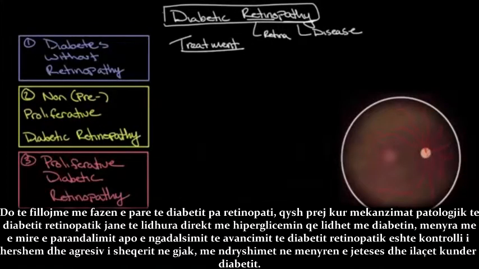So we'll start with the first stage, the diabetes without retinopathy. And since the pathologic mechanism of diabetic retinopathy is directly related to the underlying hyperglycemia associated with diabetes, the best way to prevent or delay the progression of diabetic retinopathy is early and aggressive control of one's blood sugar with lifestyle modifications and anti-diabetic medications.